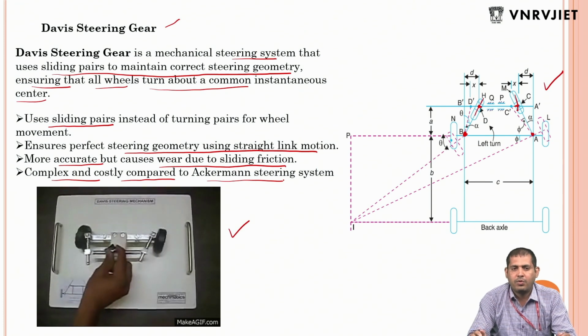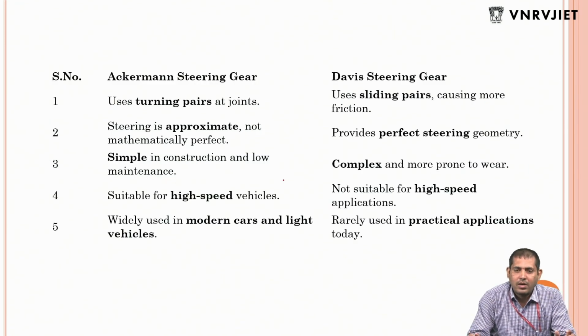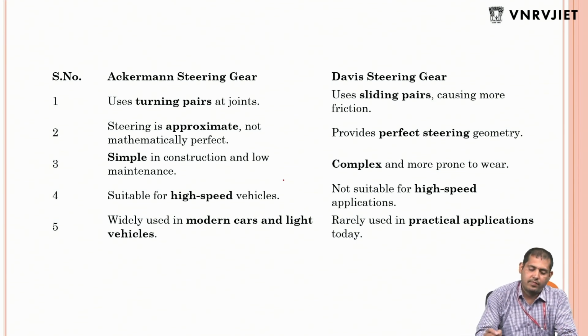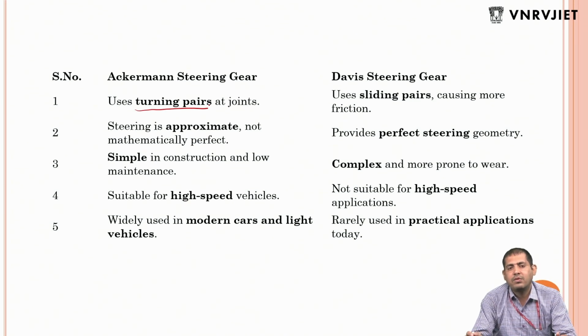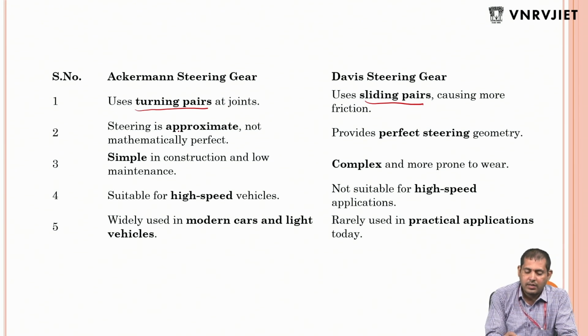This is a general brief about the Ackermann and Davis steering gears. Next, what is the comparison? What is the difference between these two? The Ackermann uses only turning pairs. The Davis steering gear uses sliding pairs, causing more friction. Second, Ackermann steering is approximate, not mathematically perfect.